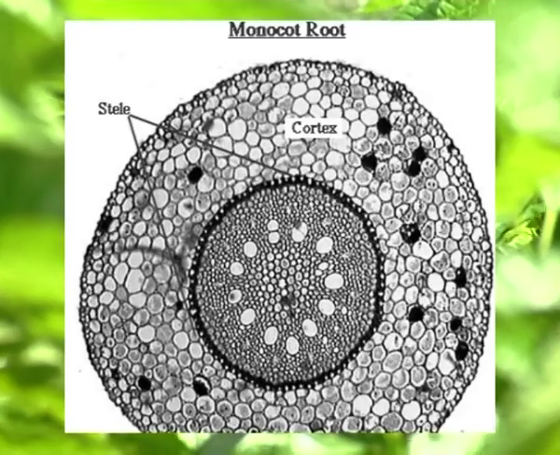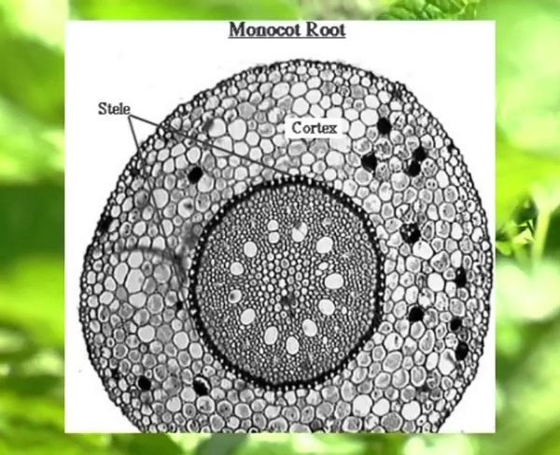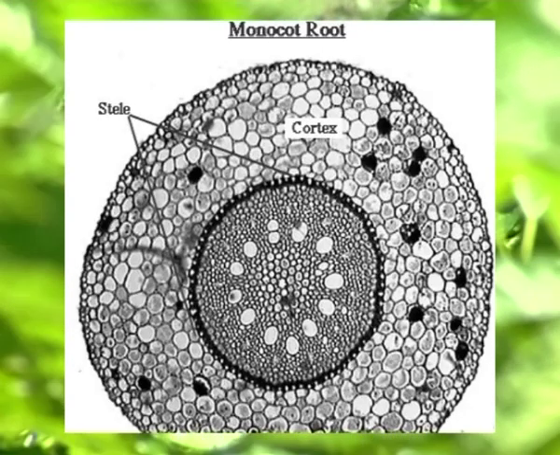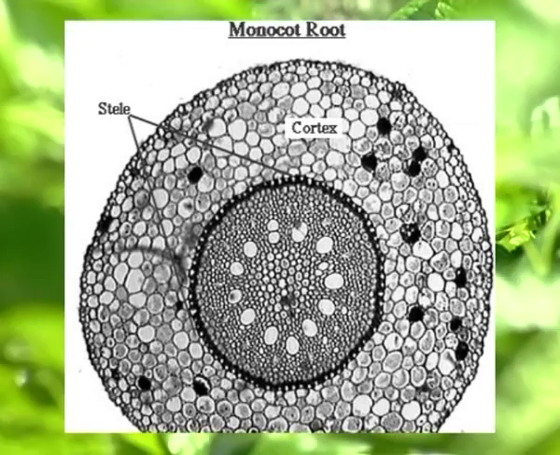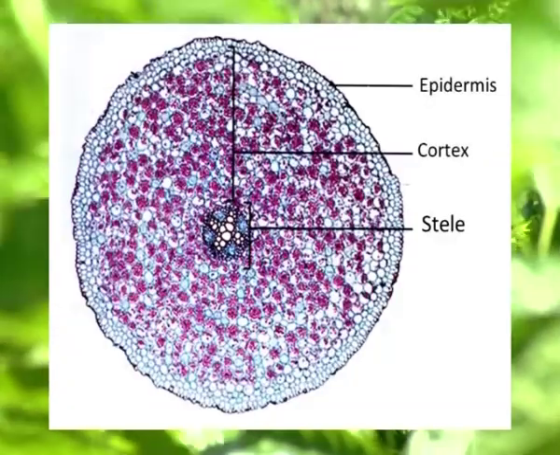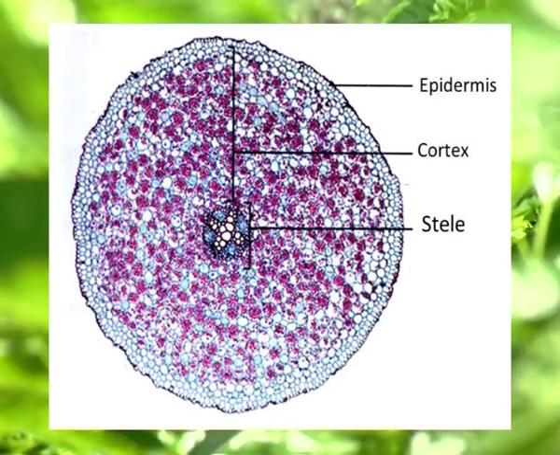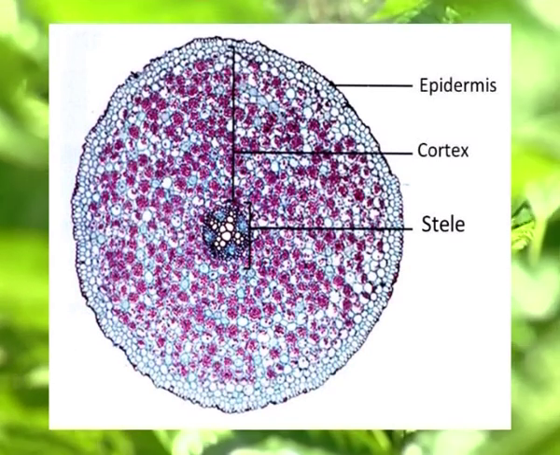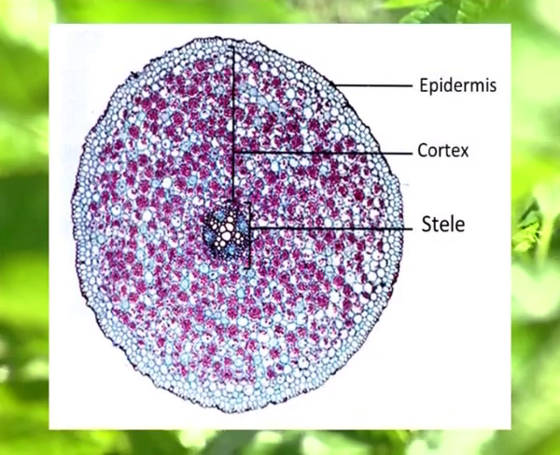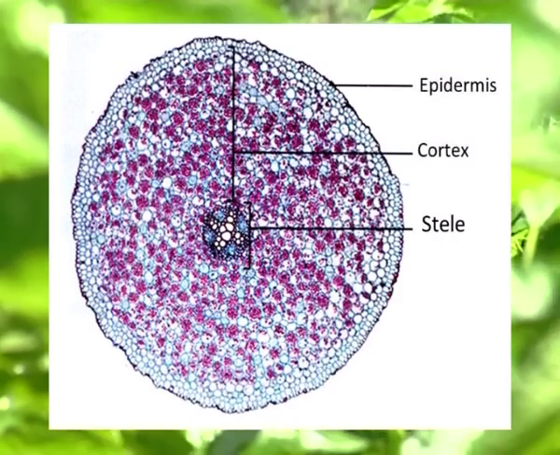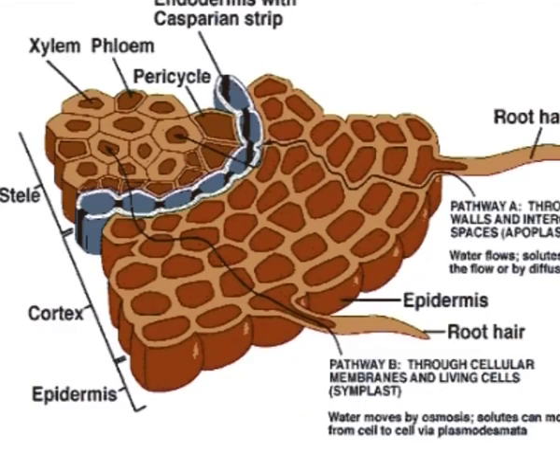Stele: it is present inside the cortex and consists of pericycle, primary xylem, primary phloem and parenchyma cells. Pericycle is the outermost layer of the stele. It is able to divide and produce lateral roots, some cambium and phellogen. The primary xylem is located in the middle of the root.